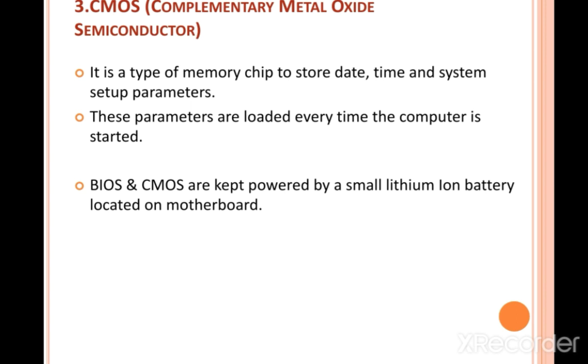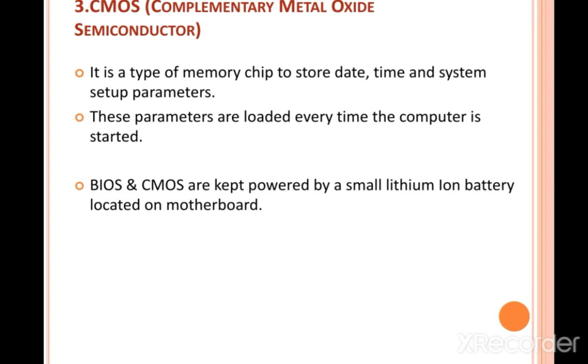Next, third component, that is CMOS, complementary metal oxide semiconductor. It is a type of memory chip used to store what?